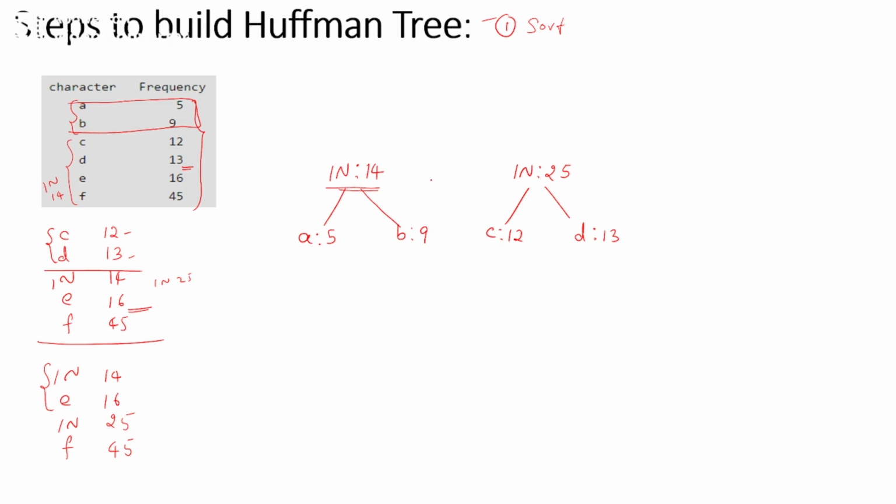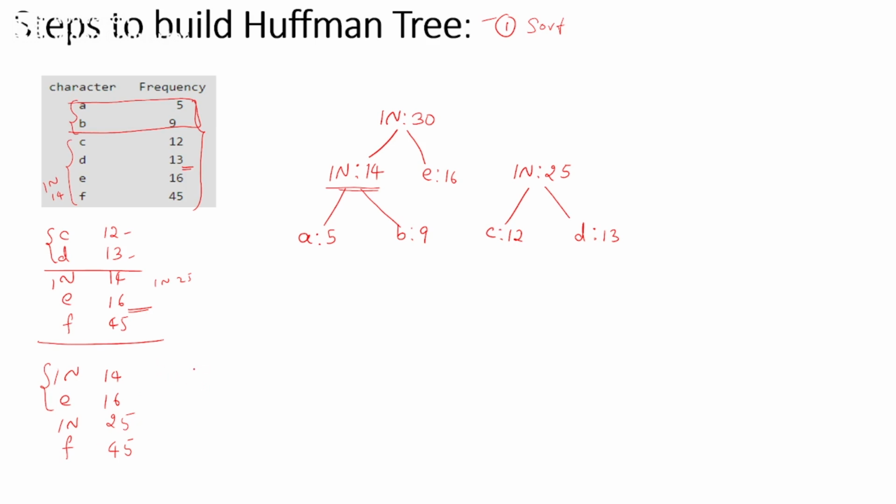So I need to write that E16 over here, E16, and we are going to club these together. Now we are going to get one more inner node with 30 as the frequency, right? So now I got one more inner node with 30 as the frequency.